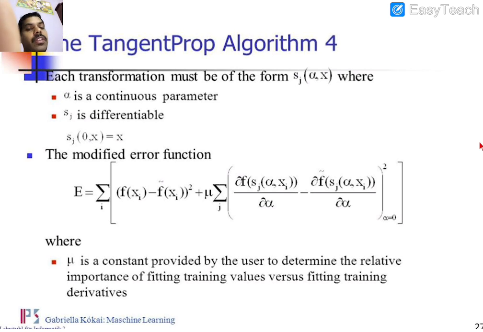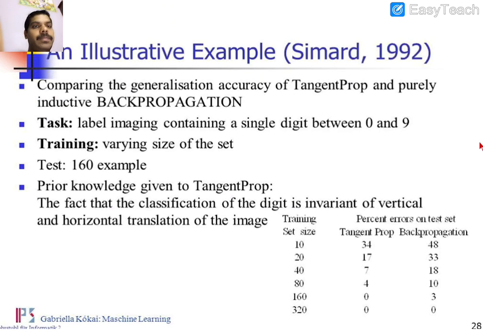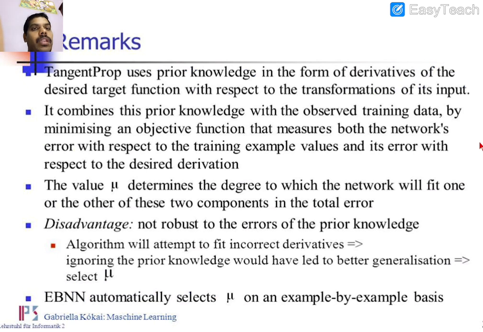If we are able to identify the errors which are deviating from the domain theory, which are deviating from the training examples, then we are able to remove such things so that we are able to improve the performance of the system. So this is an example which we considered, and we identified some drawbacks.